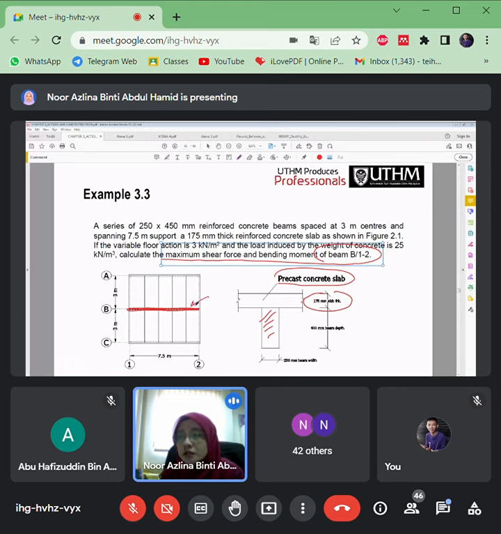What's the load that will be carried by the beam? It should come from the slab. So you need to know how the slab distributes load to the beam B grid lines 1 to 2. So look at the type of slab, right? Is it a one-way slab or a two-way slab? So the Ly is 7.5, Lx is 3 here. Please help me calculate this one.